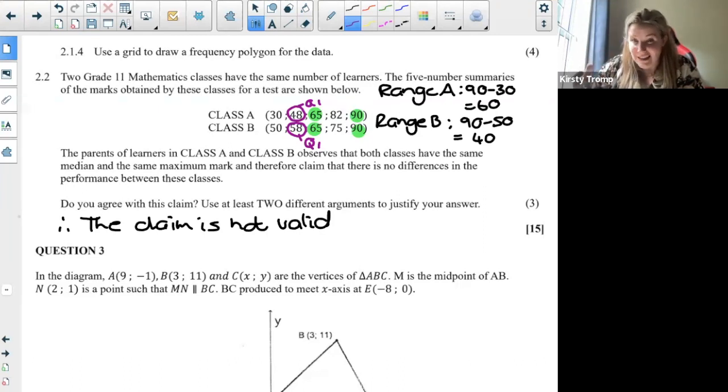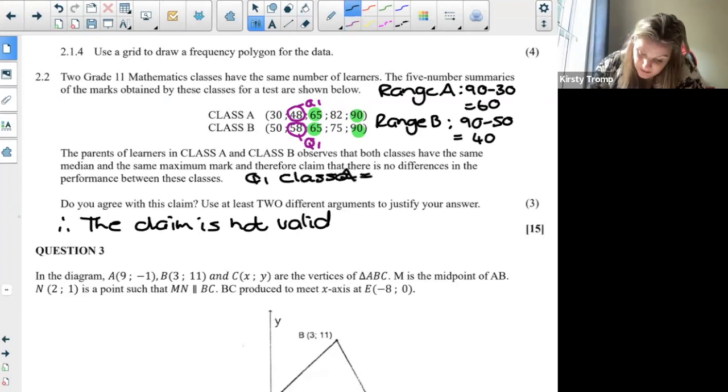Okay, Cassandra's asking, does that mean class B got higher marks? It means that class B got more students in their class who received higher marks. Yes. Okay. All right. So what can we say here? We can say Q1 class A equals 48.